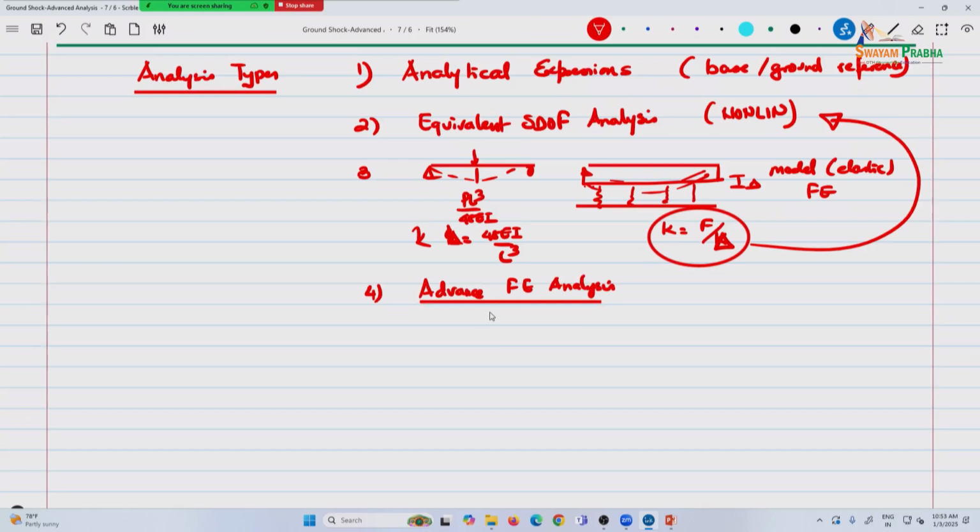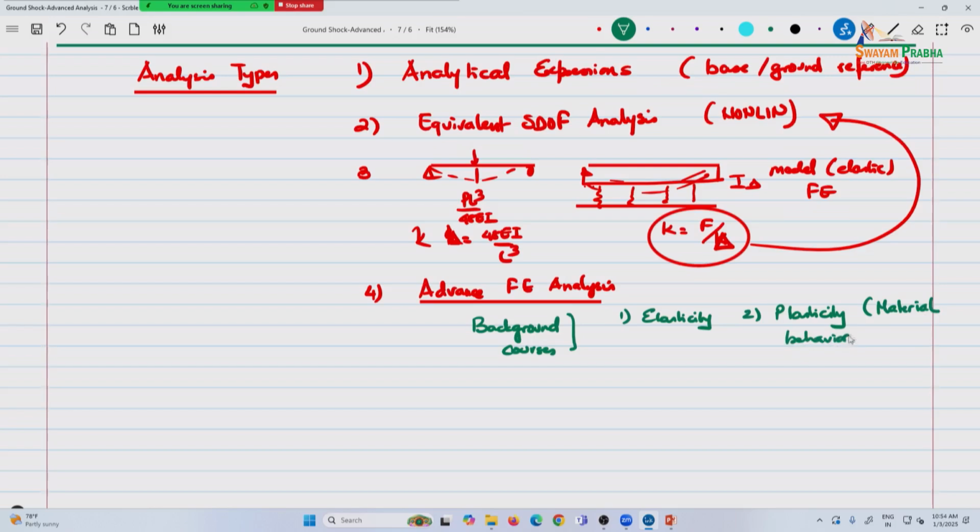Ideally, before you use some of them, some of the background courses recommended, of course, it's not possible to do it all, are theory of elasticity and plasticity, especially for understanding the extent and limitations of material behavior.